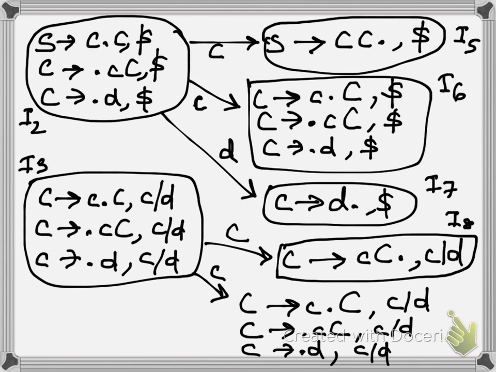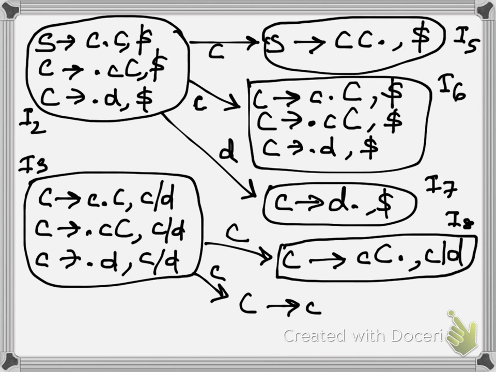Now if you see this new set, this set and I3 is the same. So we will not create a new one. We'll just remove this, and this I3 on small c goes to itself.